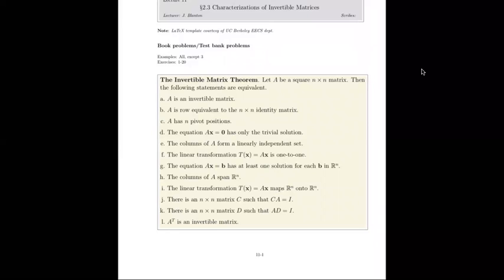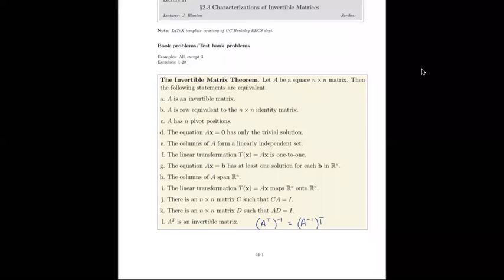There exists a matrix C such that C times A is the identity. Similarly, a matrix D such that A times D is the identity. This looks a lot like the inverse relationship, and that's essentially because it is. And then A transpose is an invertible matrix. Namely, we saw in the last section that A transpose is invertible, and the inverse of it was just the transpose of A inverse.